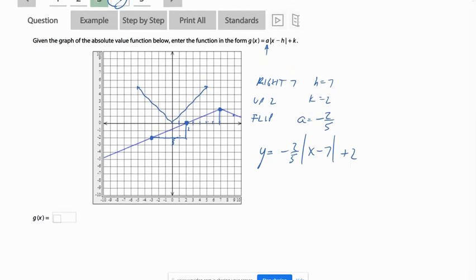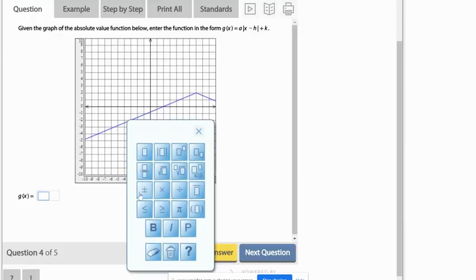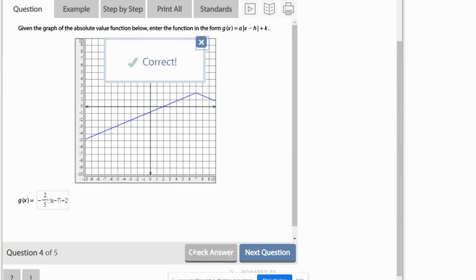We can check it. So it looks like it accepted that answer.